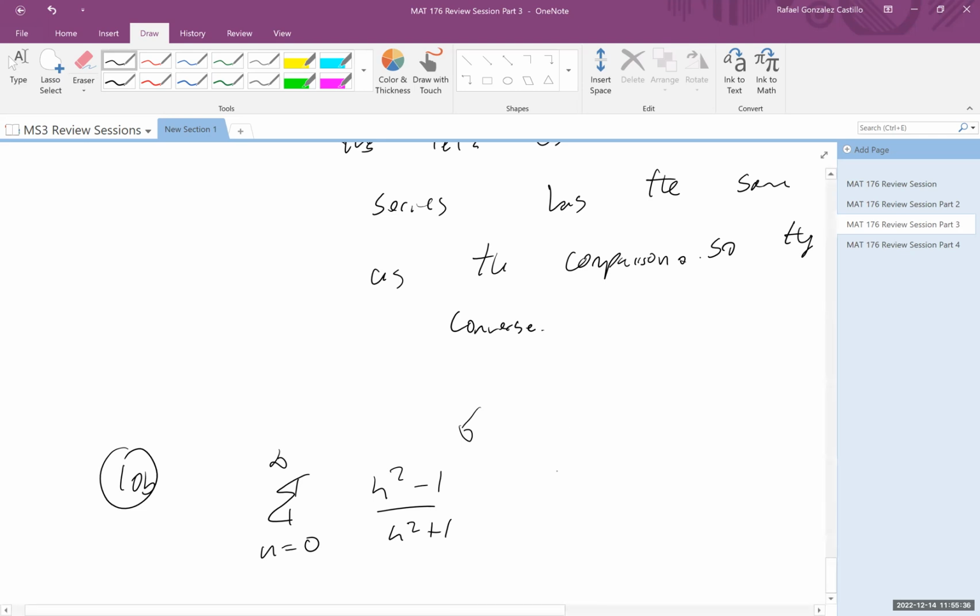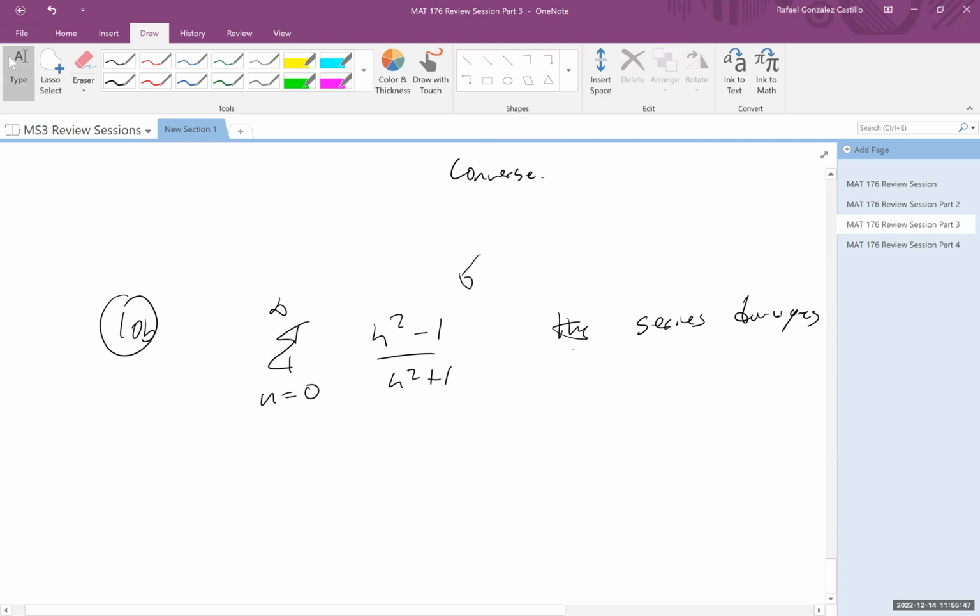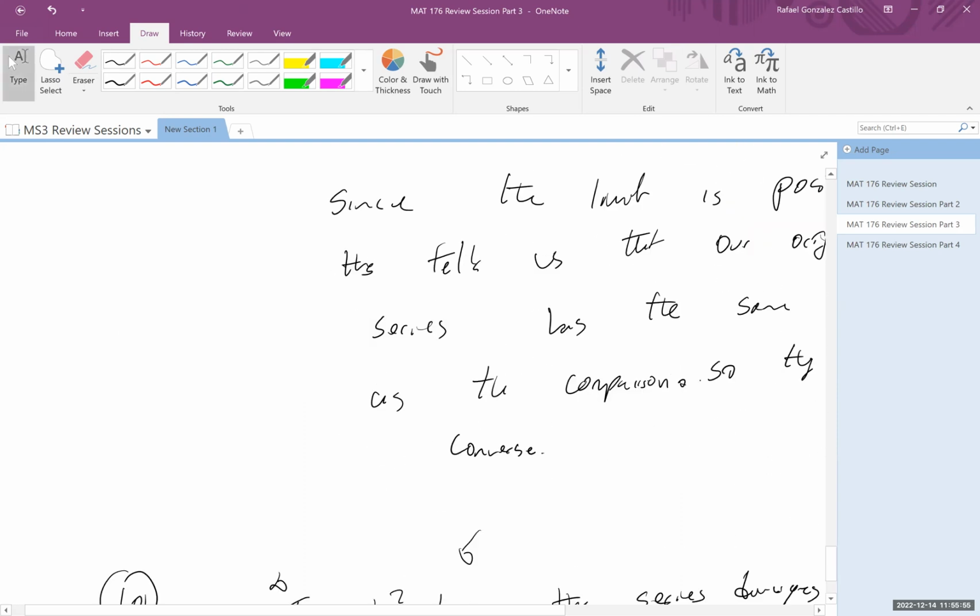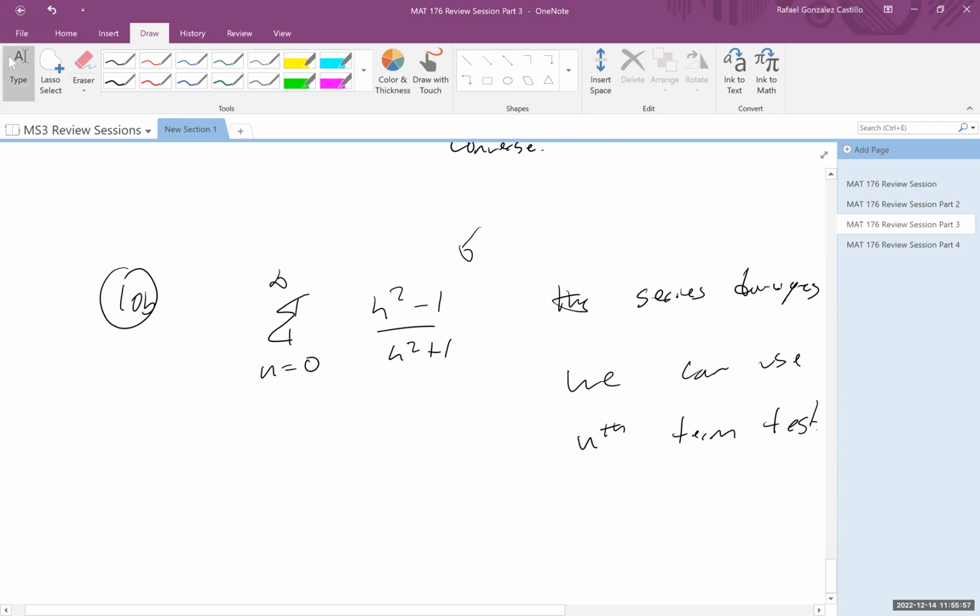So first of all, this series is going to diverge. We can use the nth term test. Why? Because the underlying sequence does not converge to 0.